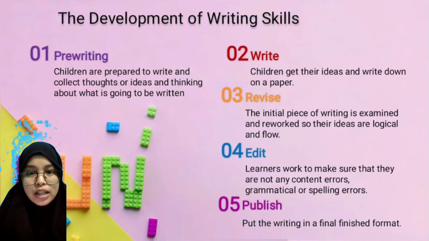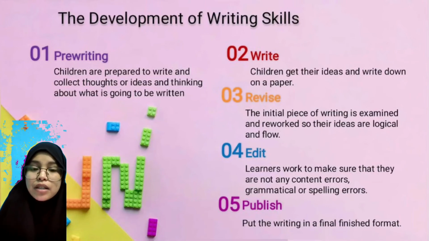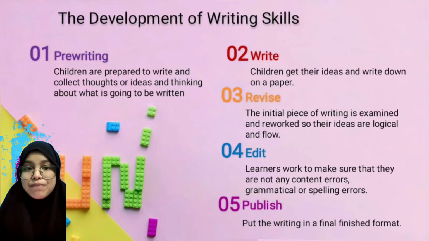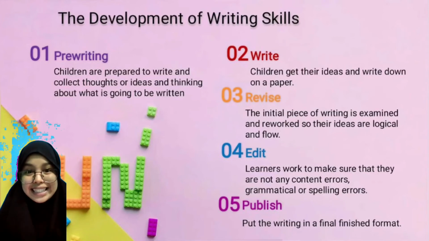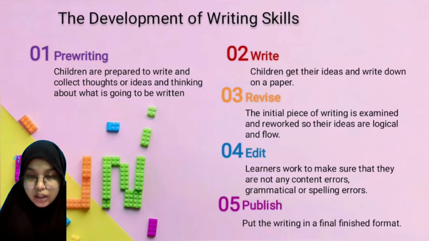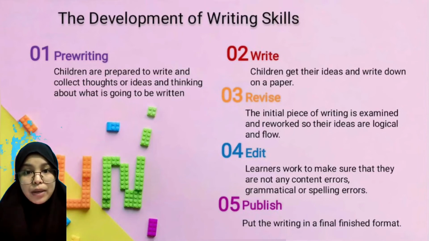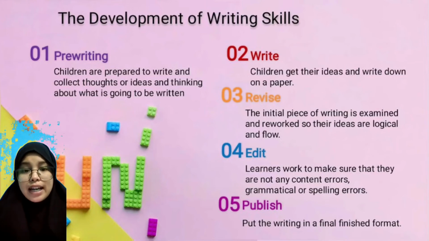Dia akan menulis hal-hal yang akan diperbaiki dalam tulisan sebelumnya di revisi tadi. Jadi tahap ini adalah tahap pengeditan, menulis kembali apa yang akan ditulis dengan memperhatikan isi dari tulisan tersebut, kemudian grammarnya dan ataupun spelling error atau ejaan-ejaan dalam kata atau bacaan tersebut.